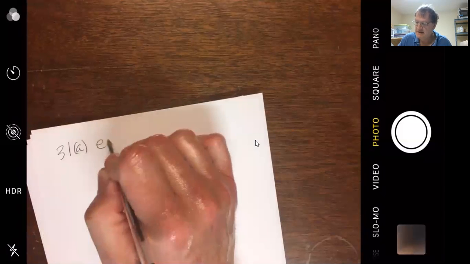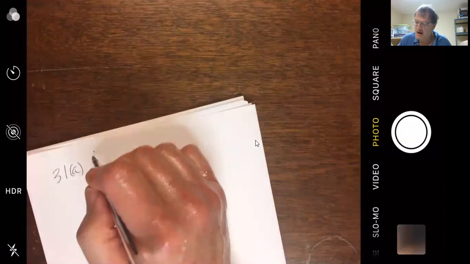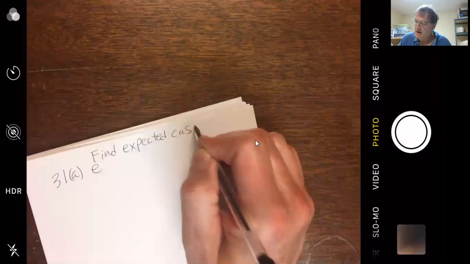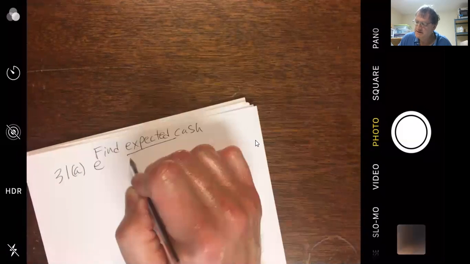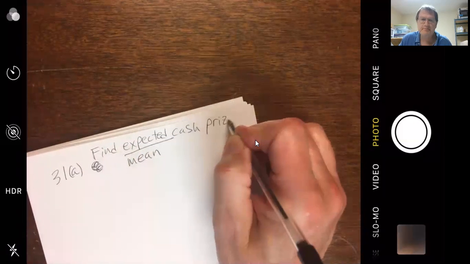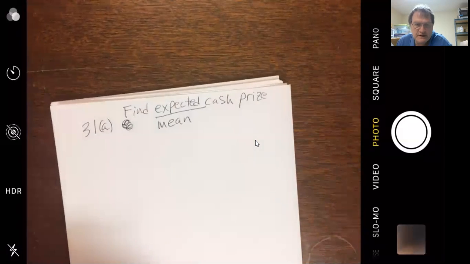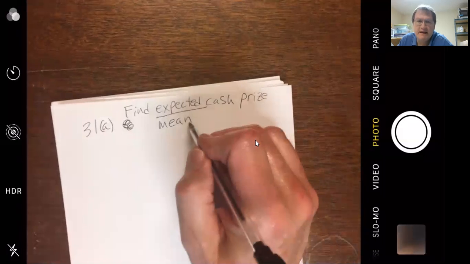31A, they say expected cash prize. Well, the word expected means mean. Expected value, they use that language in some of these problems, and it means mean.